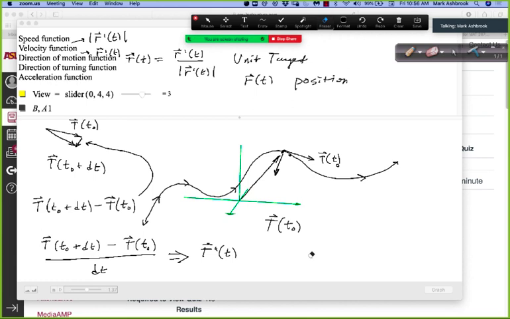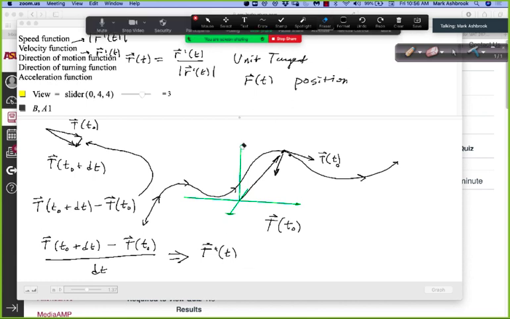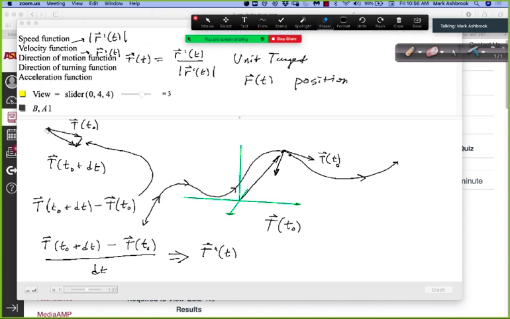Okay? And so now I want to unitize that. So this is taking the derivative, looking at a little change in time, looking at the new unit tangent vector. And so this is the difference between those vectors. If I take that difference between those vectors per unit time, I'm really just taking the derivative of the unit tangent function.